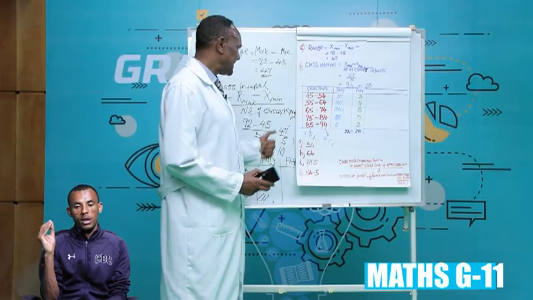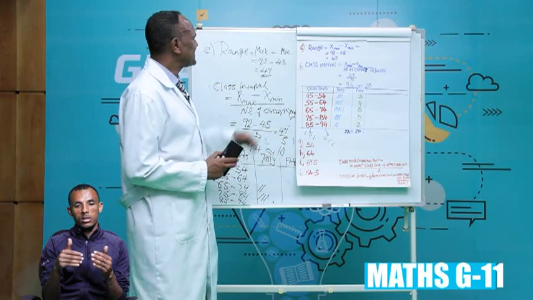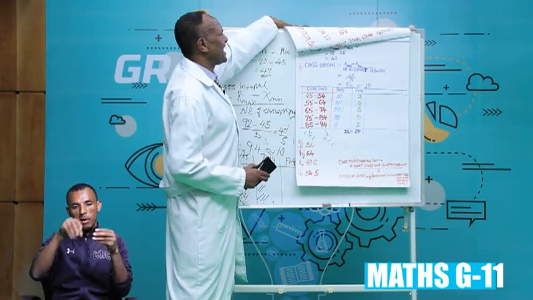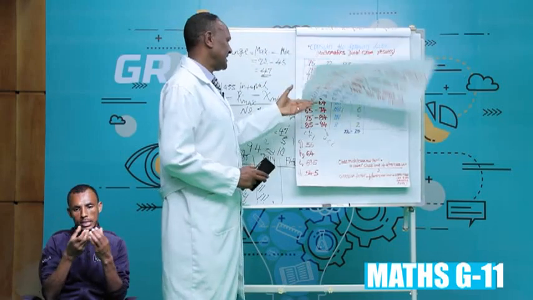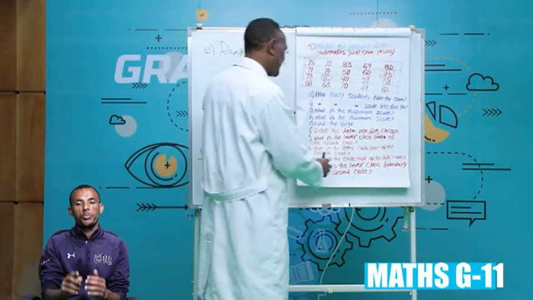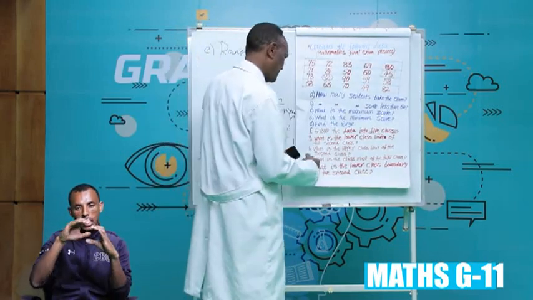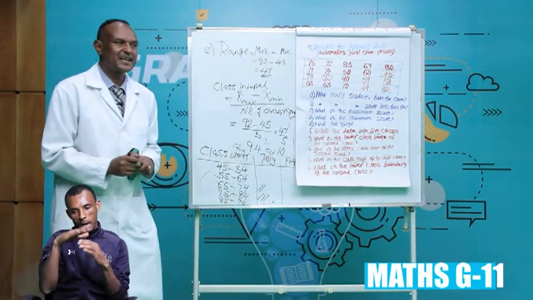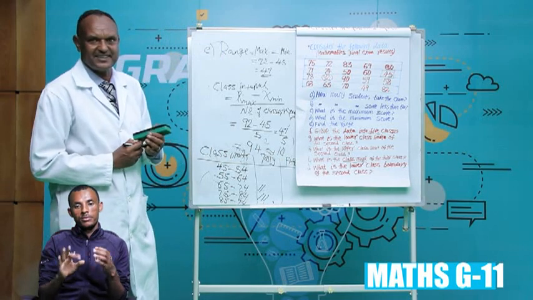And the next question you are asked, what is the class mark of the given data? What does class mark mean? Class mark is the representative of a class.